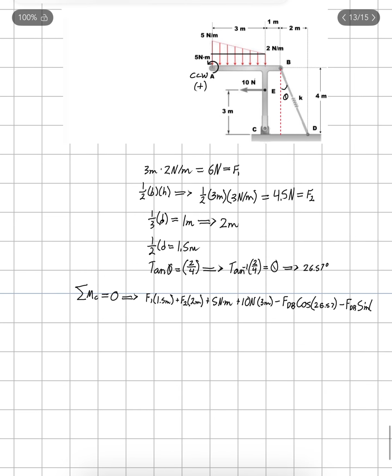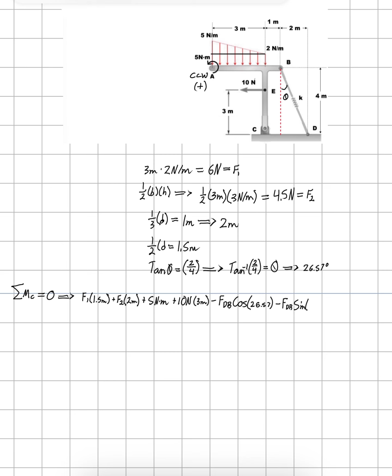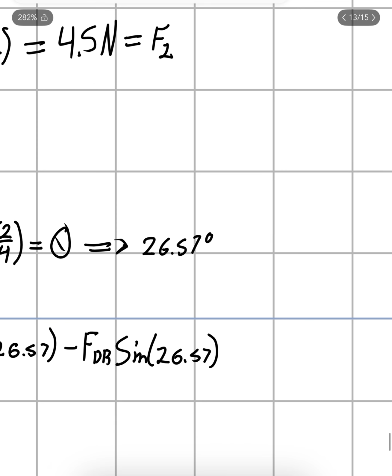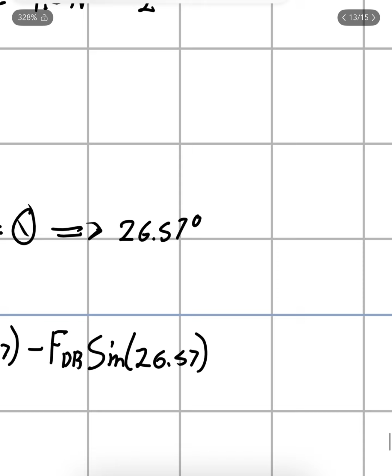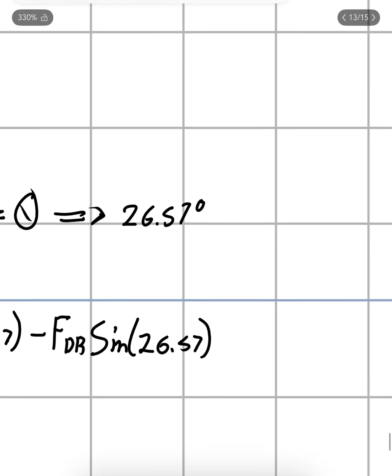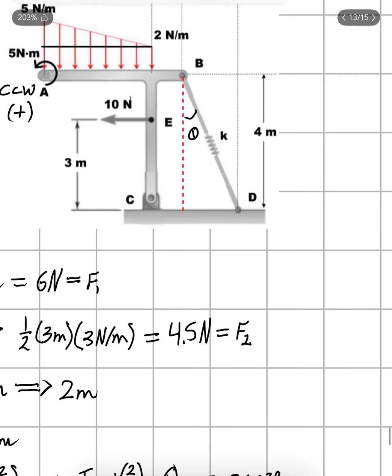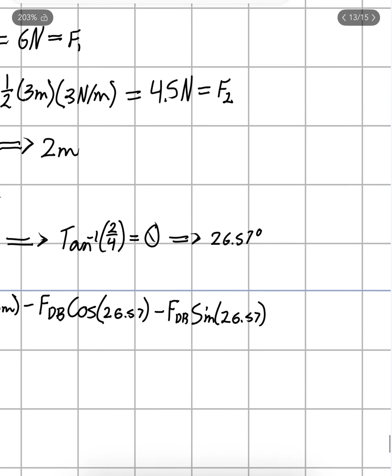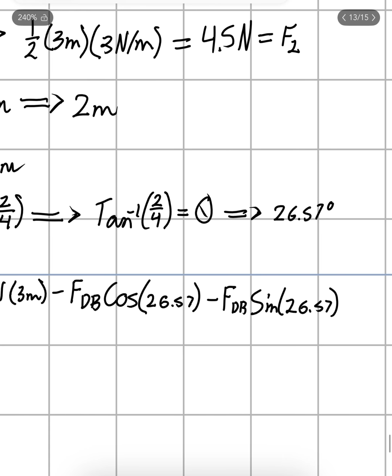Let's shift this over a bit. Continuing on, same angle, so 26.57, times its distance away from C, which for B is 1 in the negative x direction.